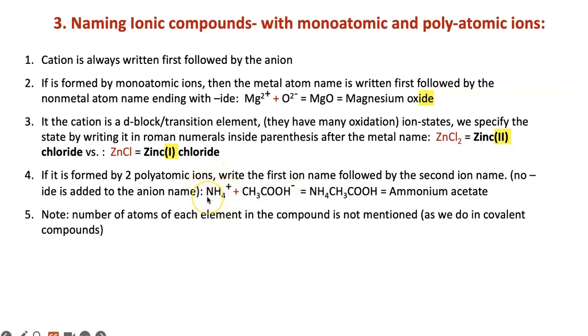So we just state the names of the ions. This is the compound form. Because they are +1 and -1, you just write them as they are. And the name of this is ammonium acetate. Note the number of atoms of each ion like these. We didn't say nitrogen tetrahydride or something like that, because that's only used for covalent compounds.